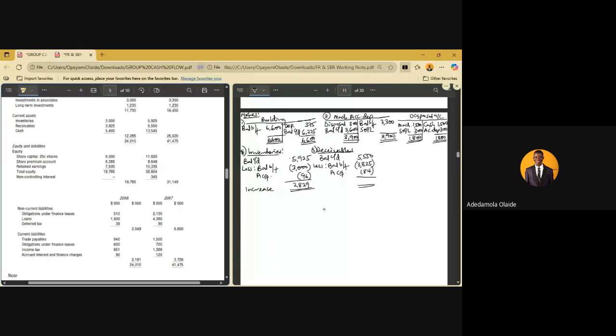Go to liability, payables. Receivable is 1641.